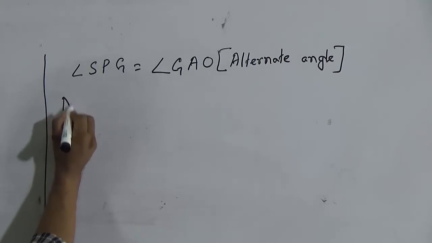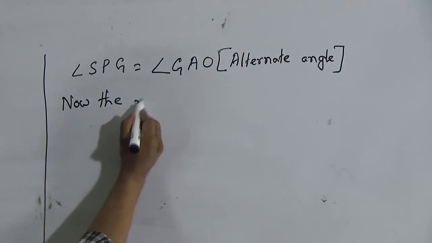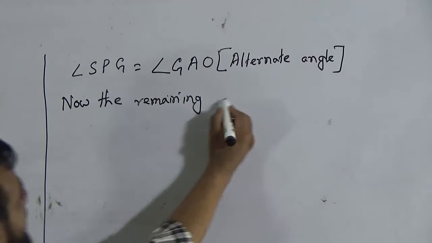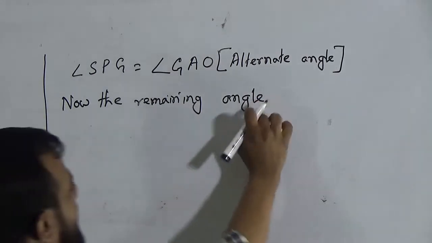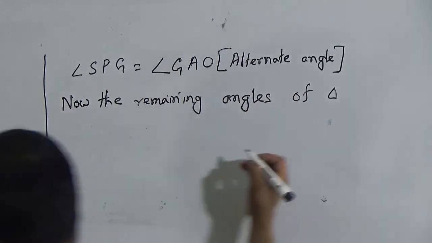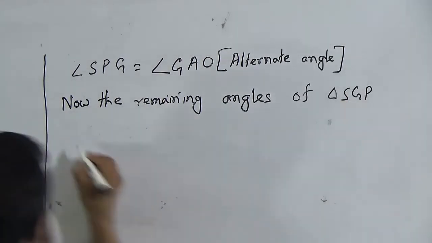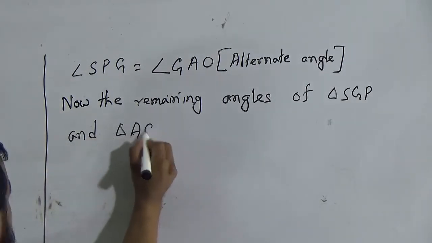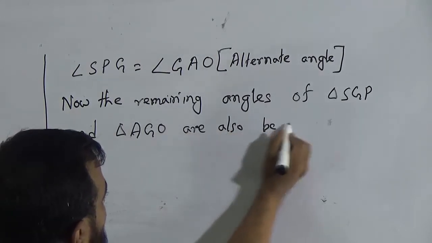We can write down now, the remaining angles of triangle SGP and triangle AGO are also equal.